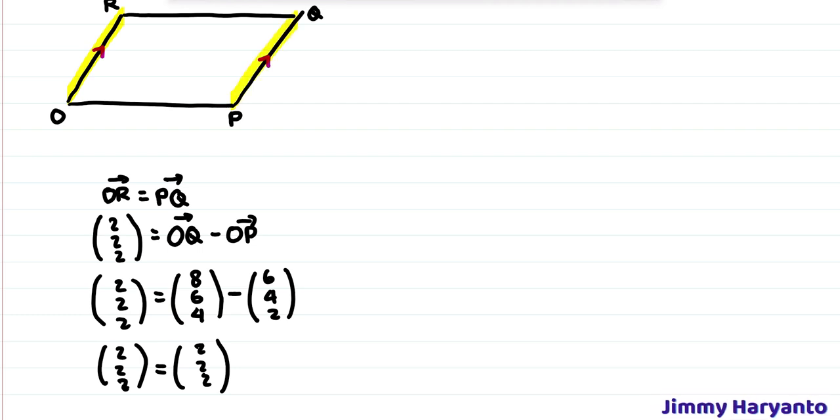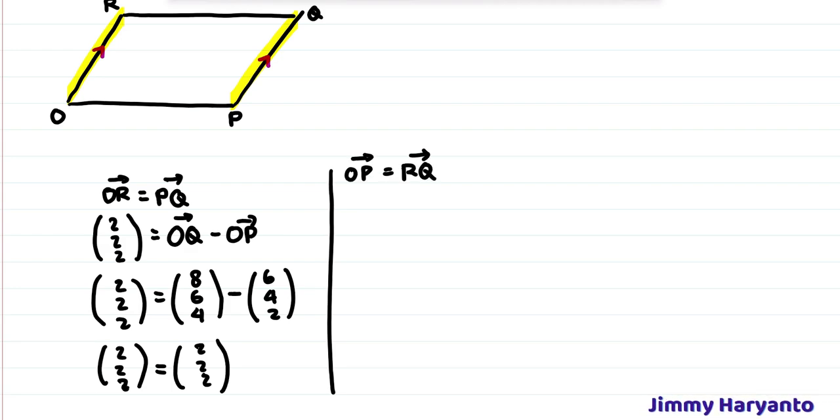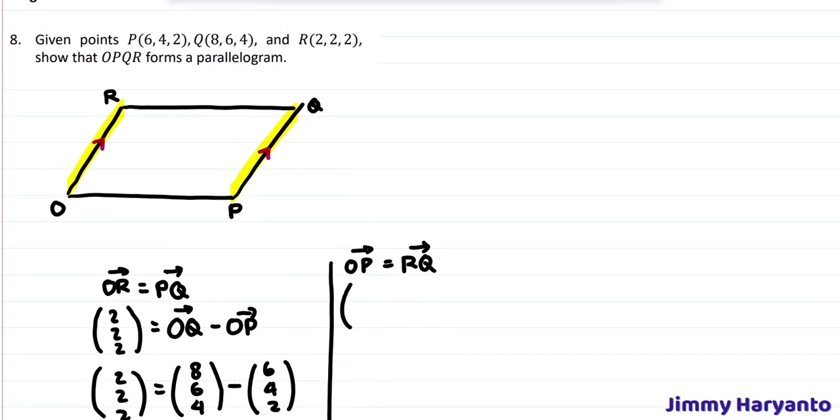See, it's the same. Because it's the same, that means we already proved that these sides are equal and in the same direction. Okay, next is to prove that OP and RQ are also the same. OP is 6, 4, 2. RQ will be OQ minus OR.